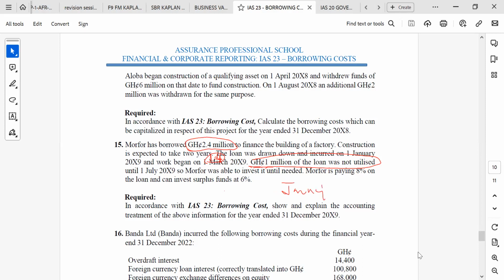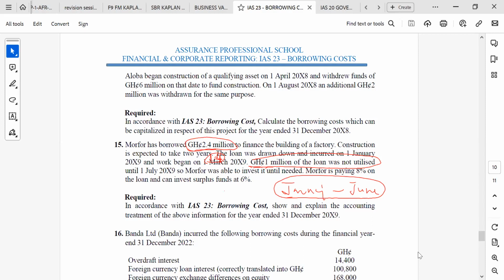To June. Okay. So it means that they have the 2.4 at the beginning of the year, but 1 million was not used until 1st July. So from January to June, they have invested this amount of money.